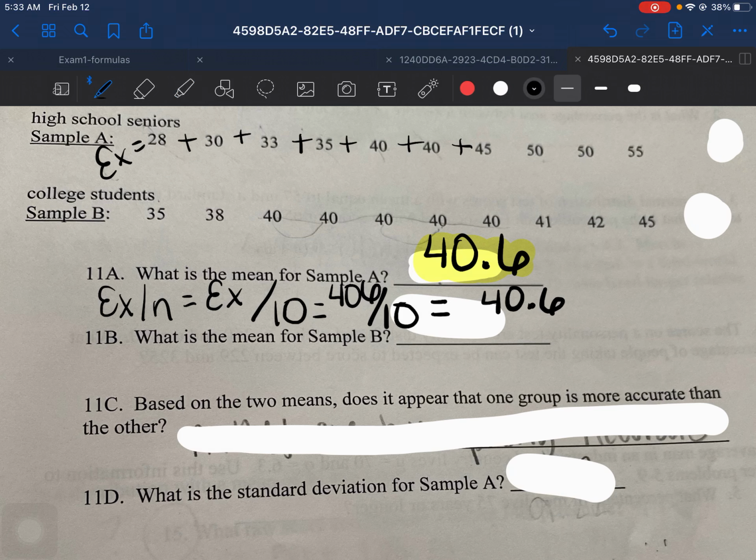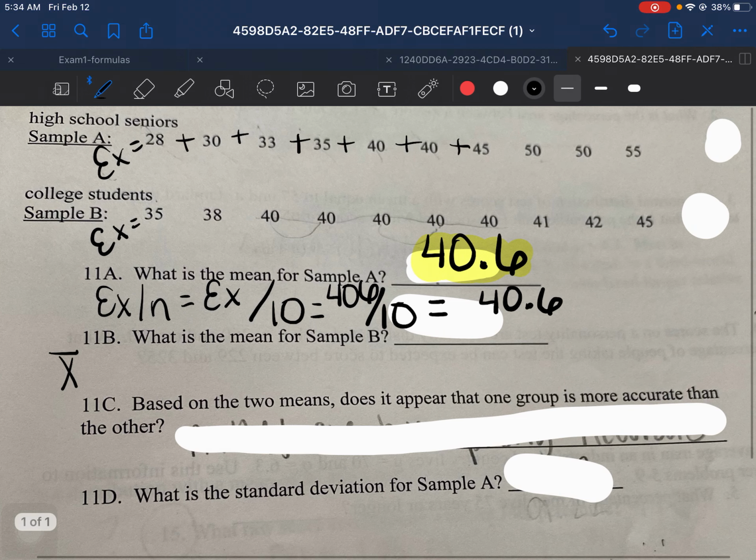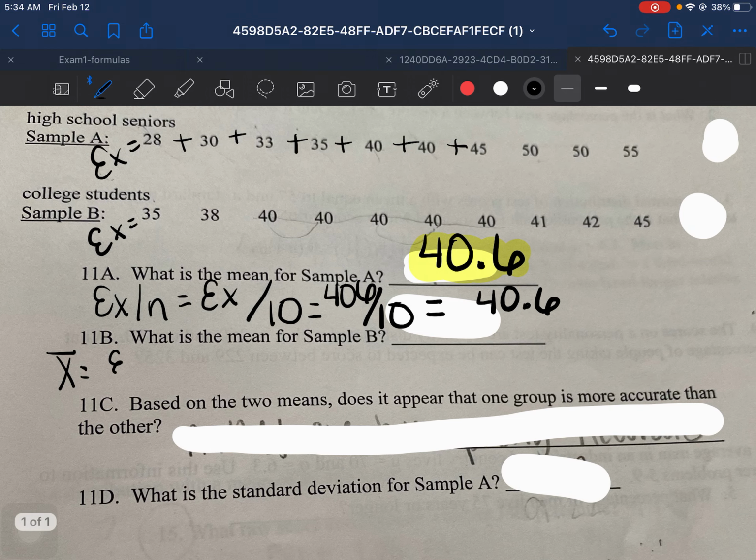Next question here, what is the mean for sample B? We're going to do the exact same thing for that one. So I guess I should be writing x bar on there. This is the symbol for the mean of a sample. Same formula. 1, 2, 3, 4. Yep, so it's also going to be 10.